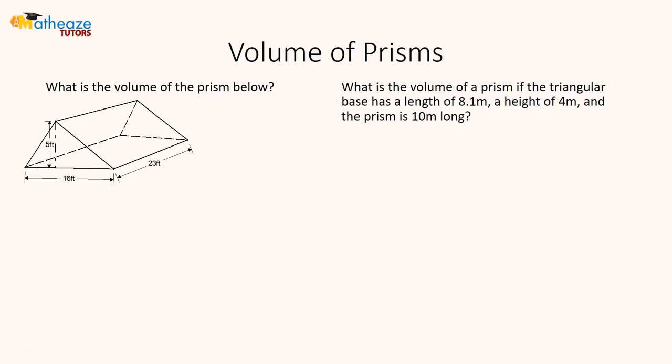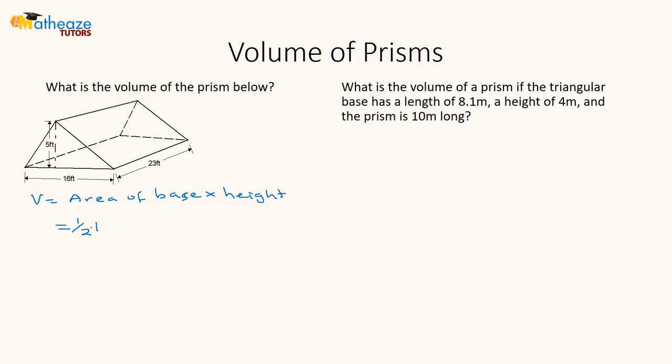What is the volume of the prism below? So let's look at it. The volume is area of base times height. Now, what is the area of the base? It's a triangle, so that's 1/2.